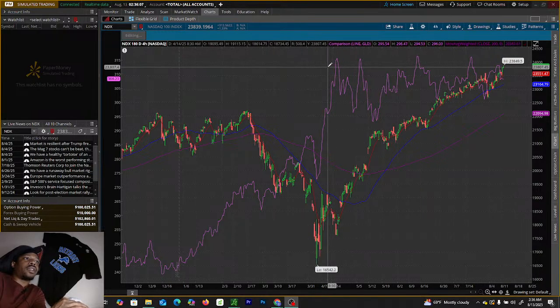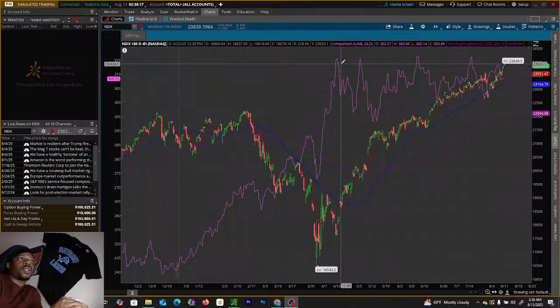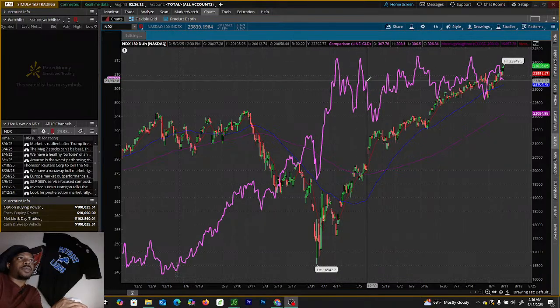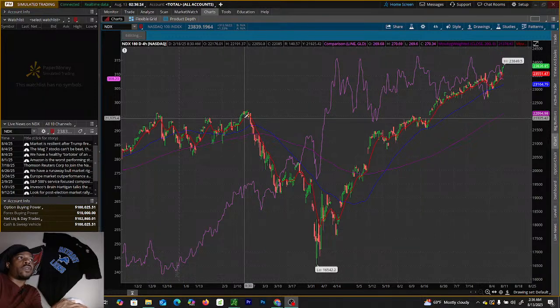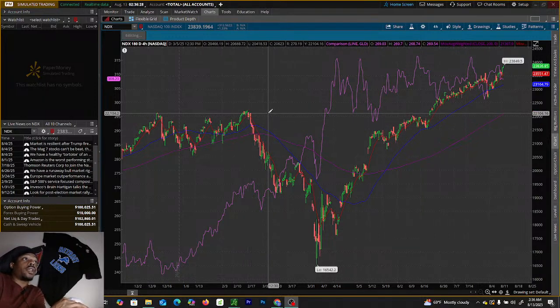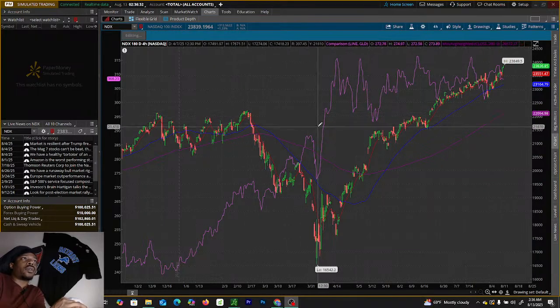Looking here from back in April, from here to here, we see that gold had an inverse relationship. But going up here, it starts to match a little bit. As you can see, gold moved way faster than any index, which is surprising for me to know. Then here and here, it's kind of correlated.